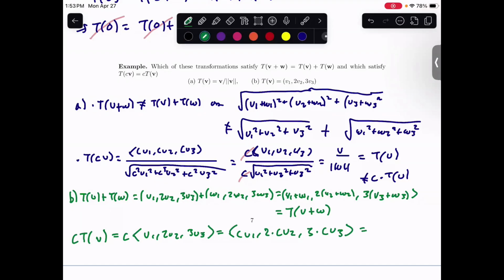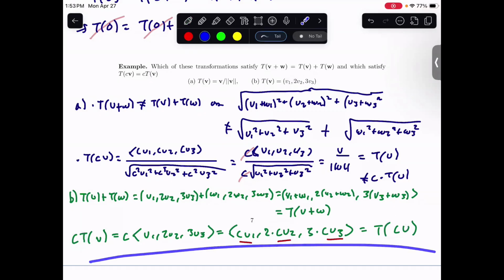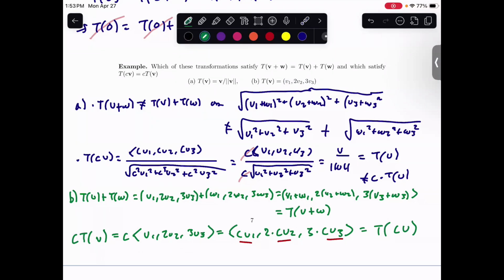And if I think about these vectors, we have C times V1, C times V2, C times V3, and then we're performing this multiplication by 1, this multiplication by 2, this multiplication by 3. So this is the same thing as T of C times V. Right, so you can have the scalar on the outside or the inside. It doesn't matter. The output's going to be the same. And so what this implies is that T is a linear transformation.